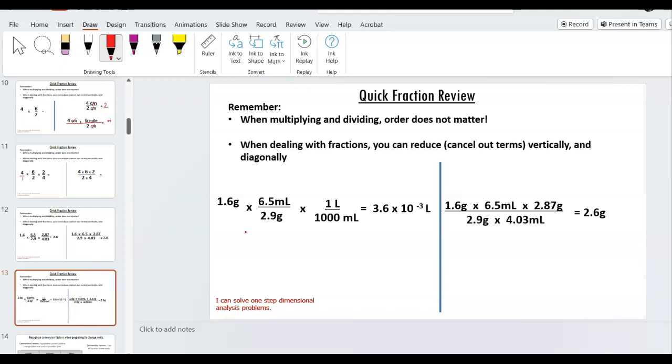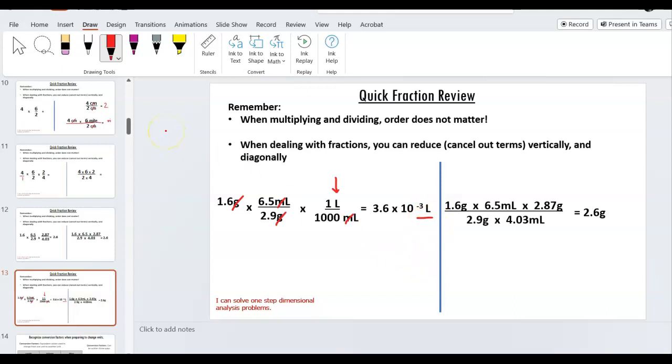And what we're going to be doing mostly in our dimensional analysis work is canceling diagonally. So I could cancel grams with grams because I have a gram on the top and a gram on the bottom. I could cancel milliliters with milliliters, again, because I have milliliters on the top and milliliters on the bottom. And the unit I'm left with is liter. So that is what my answer is in.